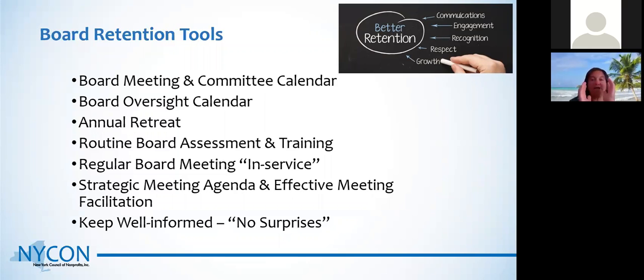It's not that you're looking at each other at the committee level and saying, when are we going to meet next? It's the board meets the first Tuesday of every other month. The finance committee meets Thursday morning at 8 o'clock. The collections committee meets at noon on Fridays, every other month, whatever it might be.